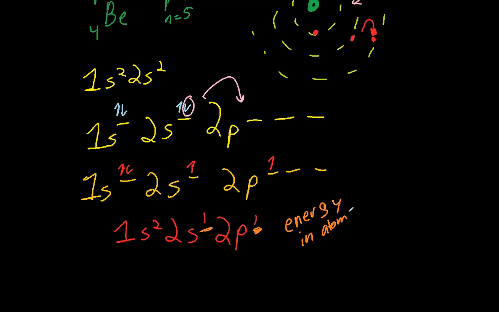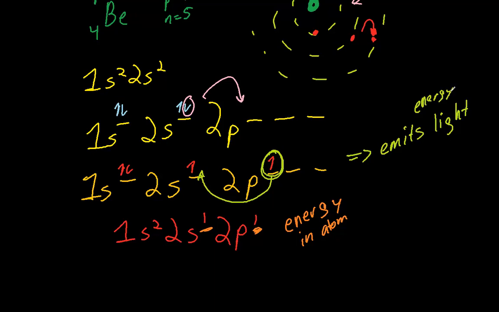Additionally, think about this. At some point, this electron is going to go back to its ground state. And when it does, it emits energy in the form of light.